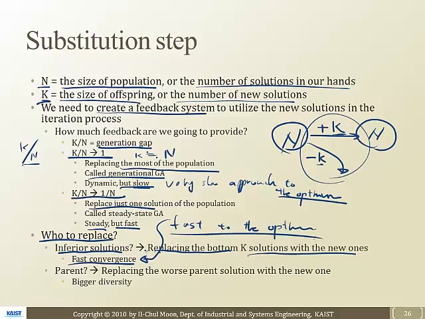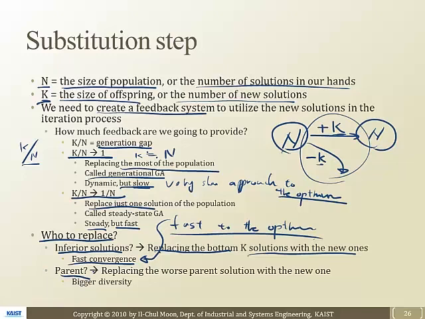Just substituting inferior solutions with the new offsprings is not going to be that nice an approach. On the other hand, we have these offsprings and we have these selected parents. Because we are going to put that offspring in, we are going to remove all the parents that contributed to this offspring.